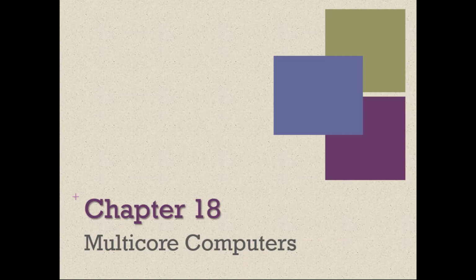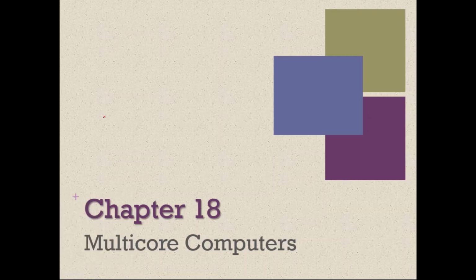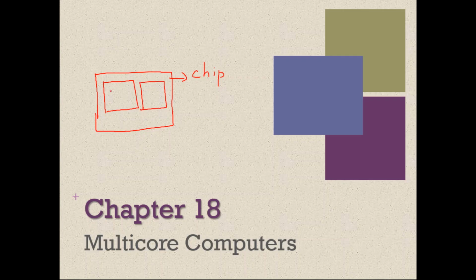What is a multi-core computer? In the last chapter, if you recall, we learned something called a chip multiprocessor. If you have more than one processor in a single chip, say this is one chip, an electronic chip, with processor 1 and processor 2, then that is called a multi-core processor.